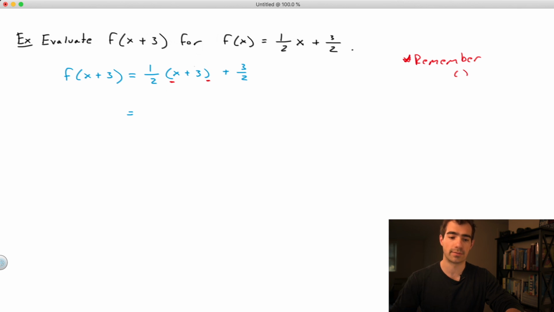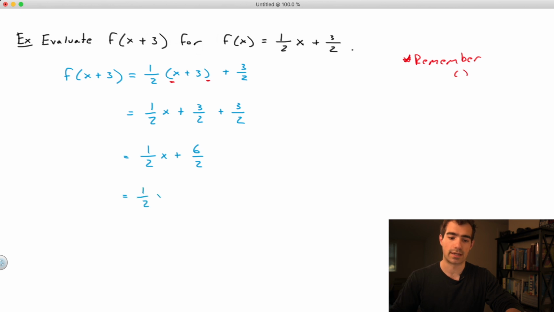And so we can distribute, for example, and so we have 1/2 x plus 1/2 times 3, or 3/2, and then plus 3/2. And then we can simplify even further by combining like terms and adding 3/2 and 3/2 to give us 1/2 x plus 6/2, or 6 divided by 2, which is equal to 3.